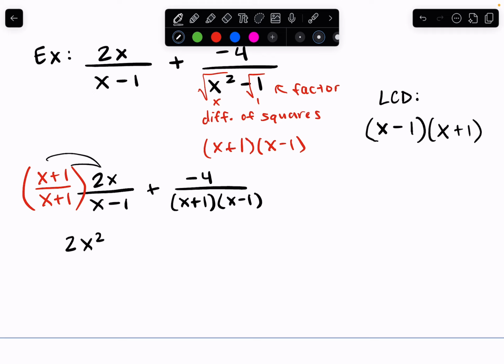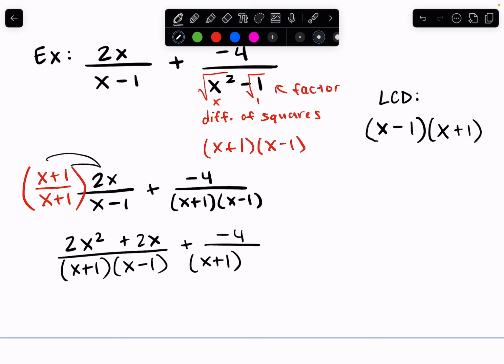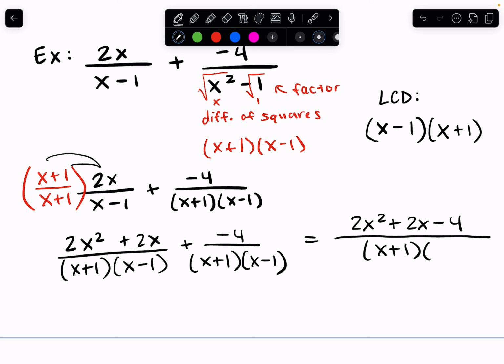So 2x times x is 2x squared plus 2x over x plus 1, x minus 1, plus negative 4 over that same denominator. All right, and so if I put everything together in one big fraction, you get 2x squared plus 2x minus 4 over x plus 1, x minus 1.